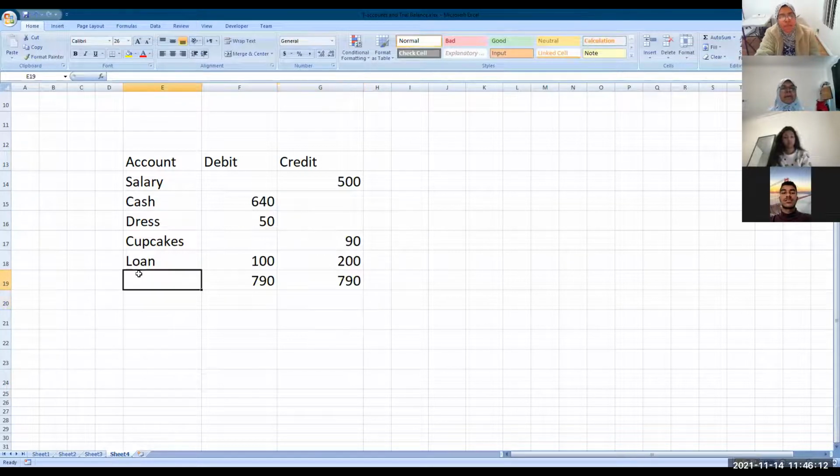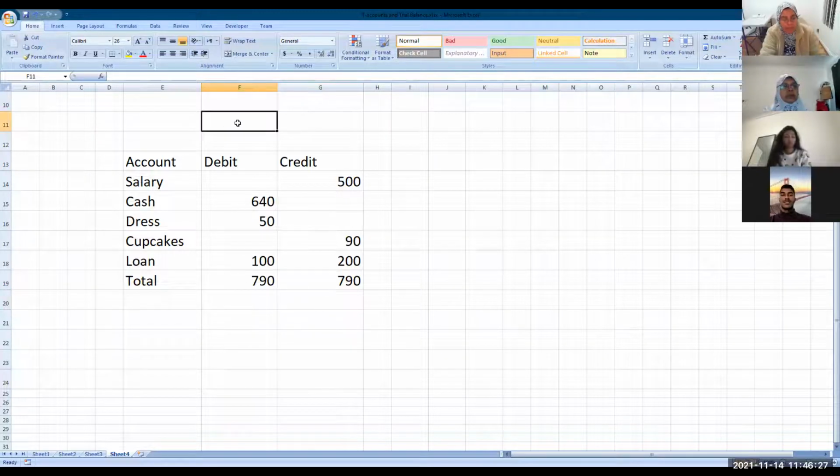So you can see that the trial balance has the same balance on both sides. Can everyone see? Yes? Okay, very good. So in this way, we can make a trial balance and test whether our recording of the transactions was okay or not.